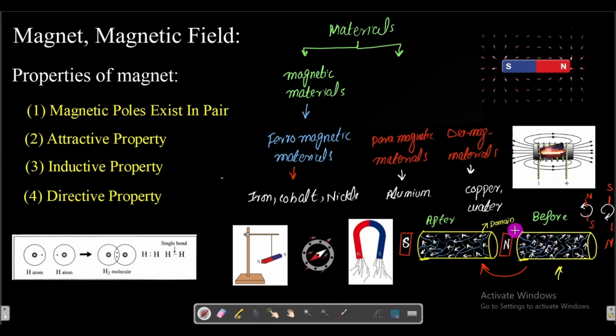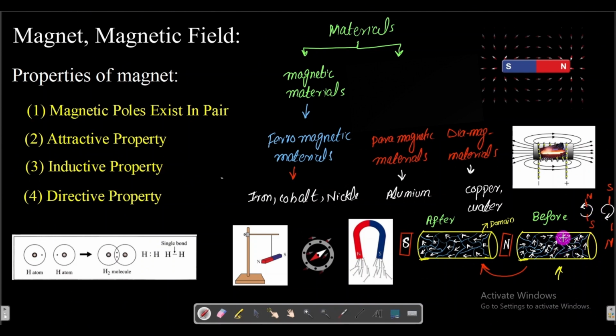So the atom as a whole will have one north side and the other side will be the south, and if a large number of atoms and molecules combine, they form a group, and in that group the alignment of electrons will be the same, meaning that their magnetic fields will be added up.